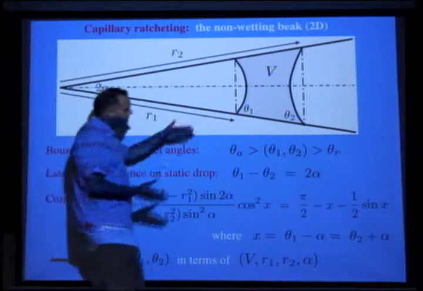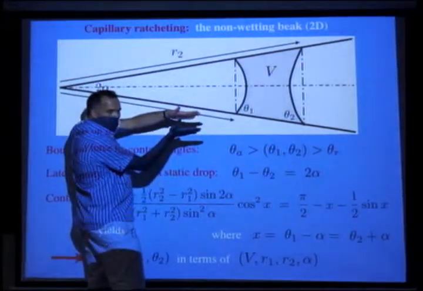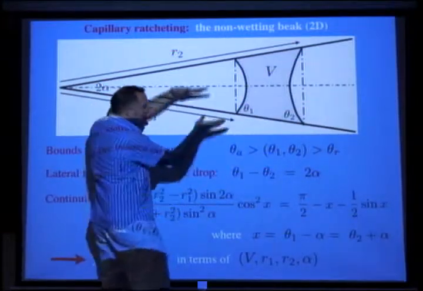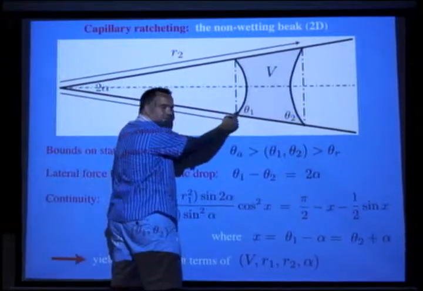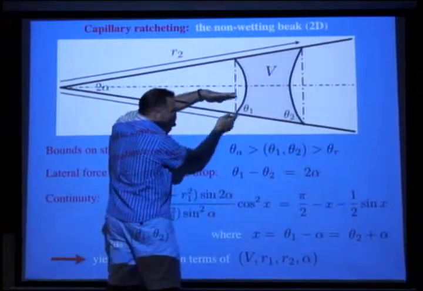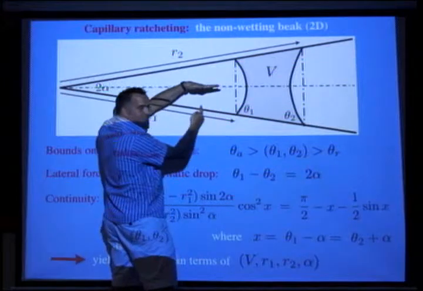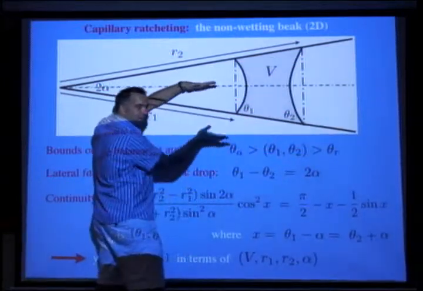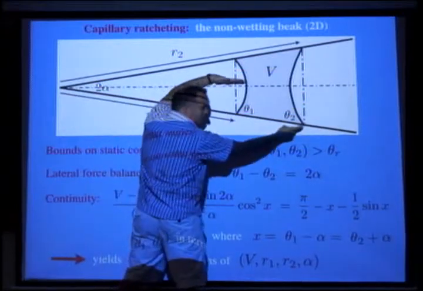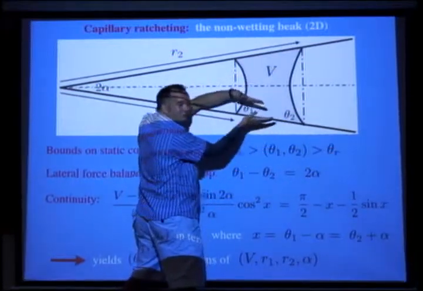So what we're going to see is when we close this, because theta 1 is always greater than theta 2, this one reaches the advancing angle before the other. So you close it, this thing hits the advancing angle, so it starts moving before the other one does. So you want to close it so this one moves up to the point where the other starts to move, then you want to reverse direction.